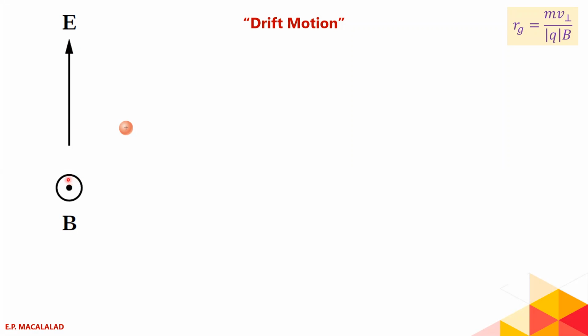Just like in an electromagnetic wave, right? Wherein the magnetic field oscillates perpendicular to the direction of oscillation of your electric field. Now what happens here? We now have two sources of fields, an electric and a magnetic field.